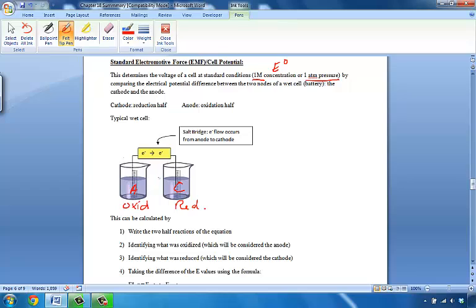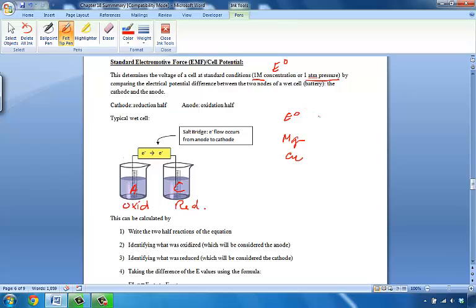So that being said, let's take a look at an example of, let's say, a magnesium containing salt and a copper containing salt. And in order to determine what is going to be in the anode and what is going to be in the cathode, we would have to look up the E naught values for each of these particular atoms. And those values can typically be found on a reference table of sorts.